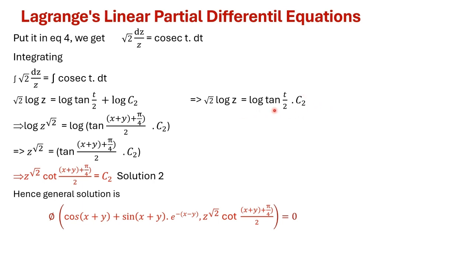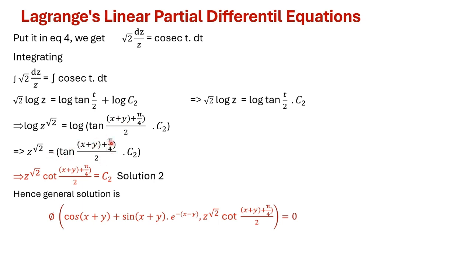Another log property is that this root 2 can be brought here as log z to the power root 2. So log z to the power root 2 is equal to log tan of the t value we have substituted, into c2. Now this log and this log will get cancelled. z^(root 2) is equal to tan((x + y + pi by 4) by 2) into c2.